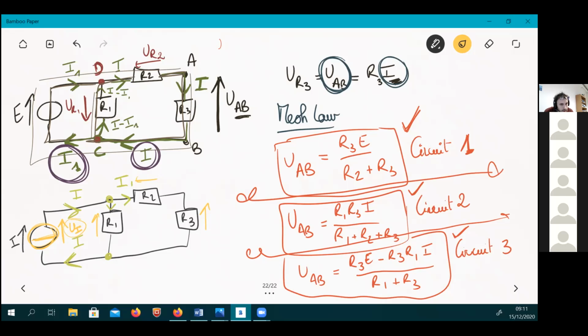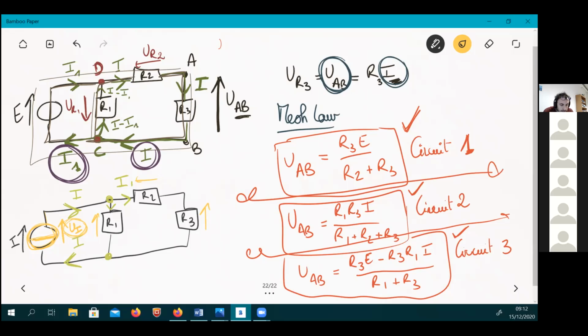One thing which is quite important to remember, and I will keep repeating this, is when you have a current generator, do not apply the mesh law in a mesh including a current generator. Why? Because you already have an extra unknown, which is the voltage in between the terminals of the current generator.